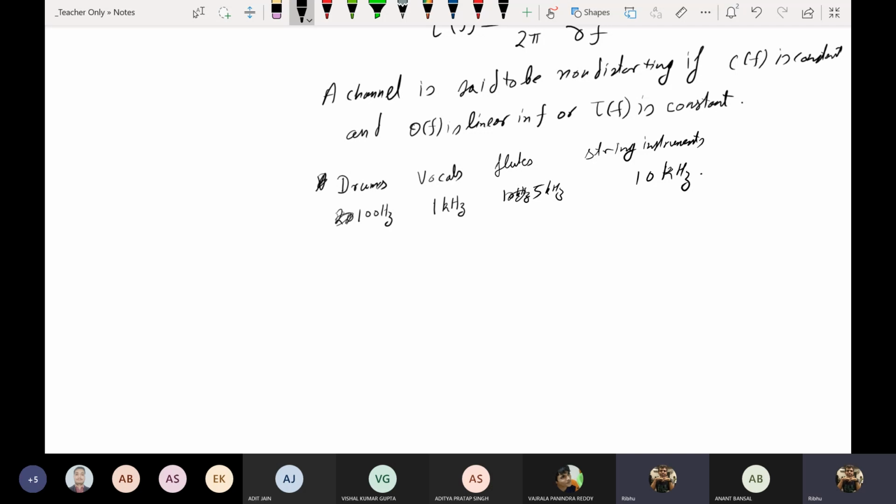Music people, are these approximate ranges correct? Music club? Anyone? Oh, no one from music club. Sad. So let's say these are the approximate ranges. I tried to get them correct, but I do not remember.